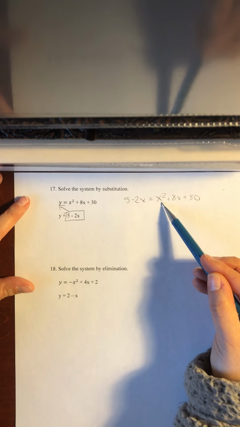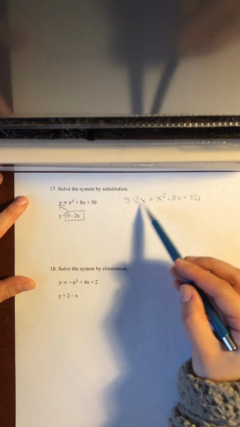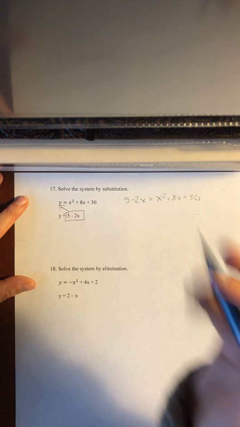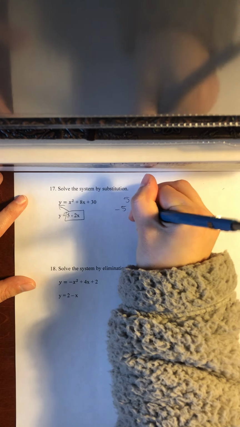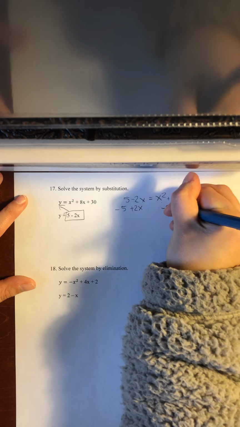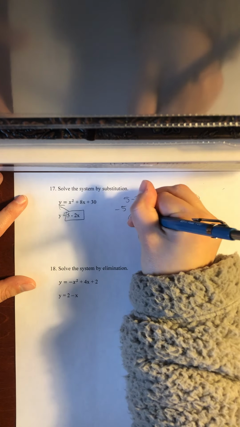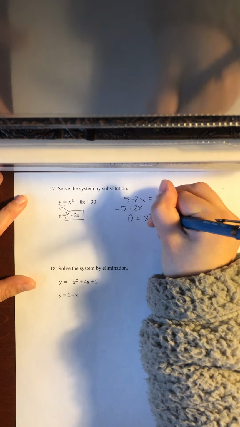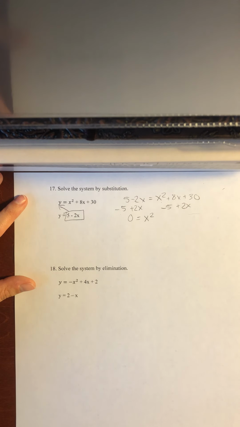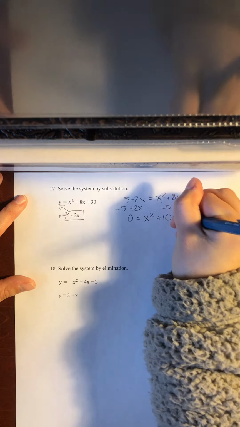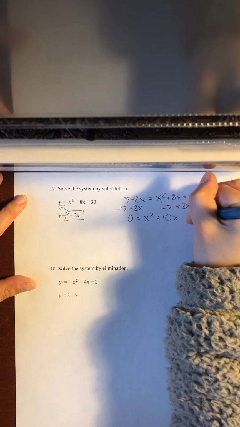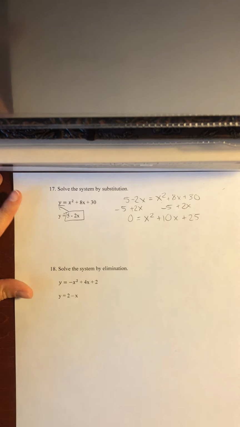Remember, it's good to keep that x squared term positive, so let's move everything on this side over here. So we're going to subtract 5 and add 2x. Subtract 5, add 2x. So now we have 0 equals x squared plus 10x plus 25.